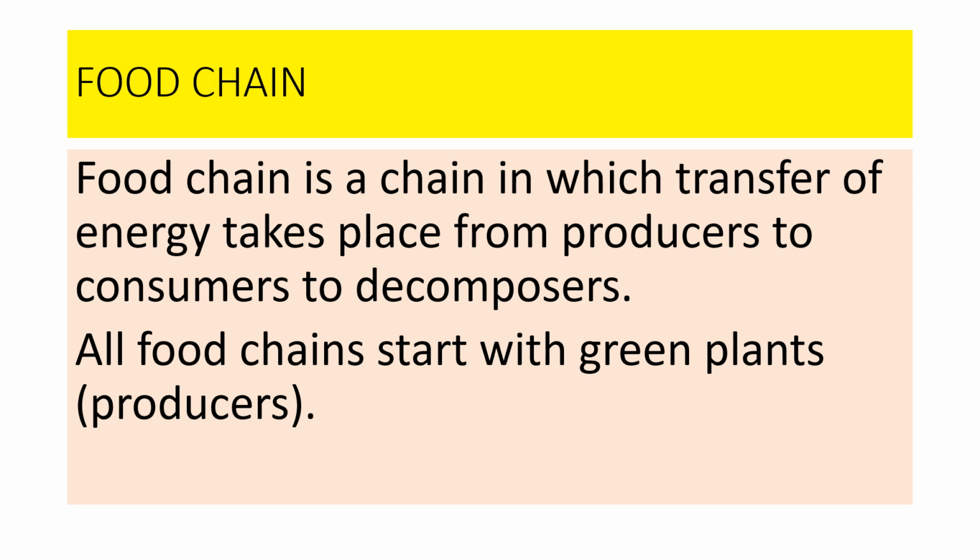Food chain. A food chain is a chain in which transfer of energy takes place from producers to consumers to decomposers. All food chains start with green plants.